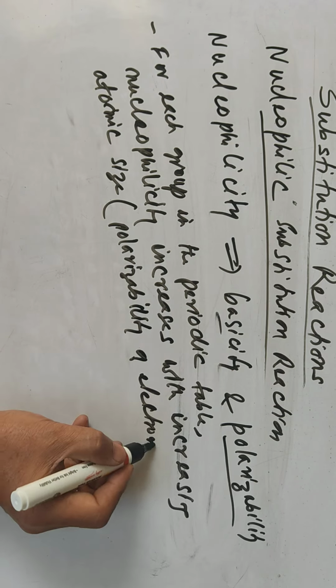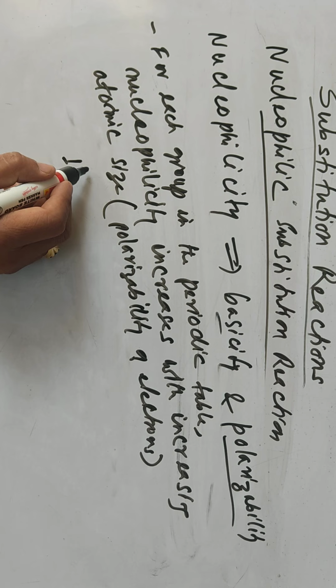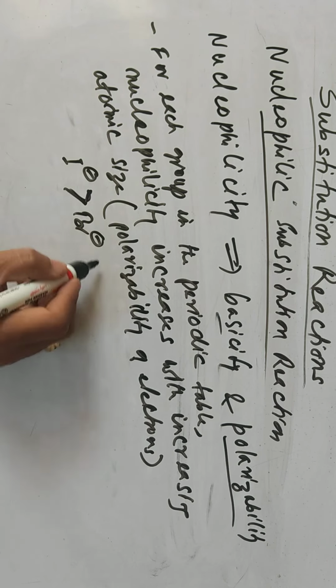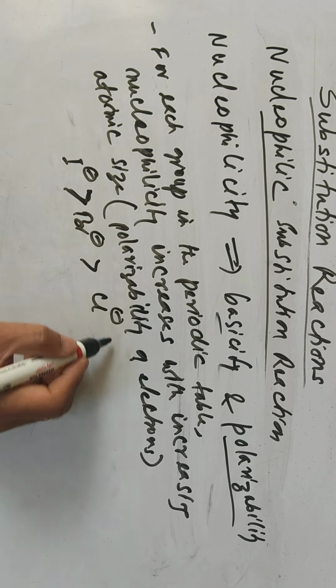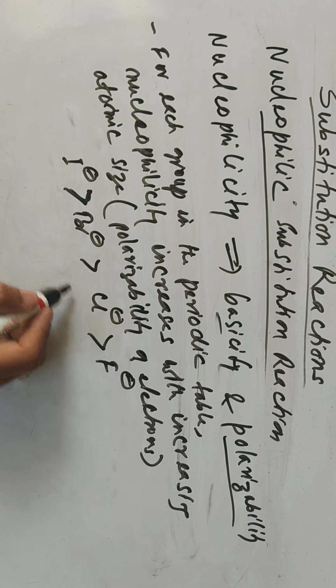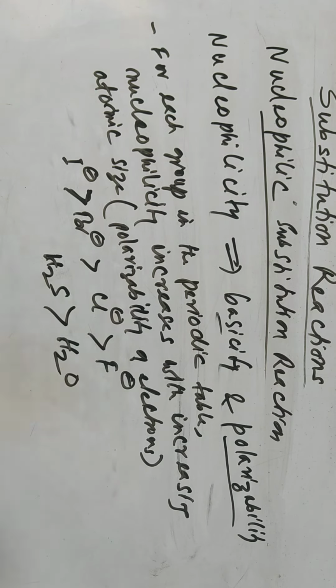So this is another factor for nucleophilicity. For example, iodide is greater than bromide, greater than chloride, greater than fluoride. Another one is H2S, a neutral species, greater than water. So nucleophilicity depends on the periodic table group, and increases with increasing atomic size.